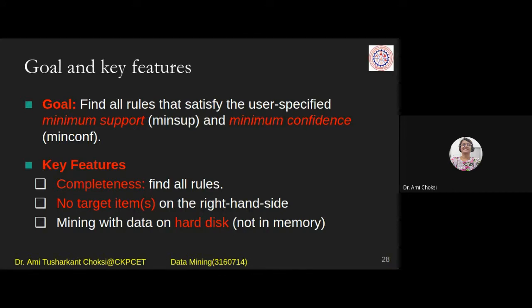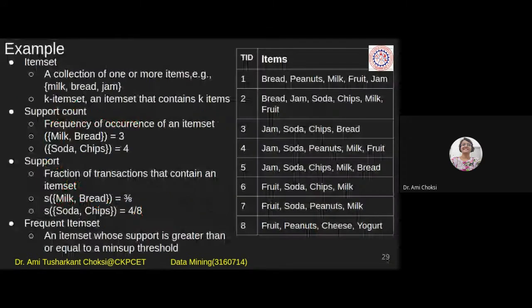That means a very good amount of data, in terabytes or petabytes. So we need to mine the data which is on the hard disk and not in main memory.